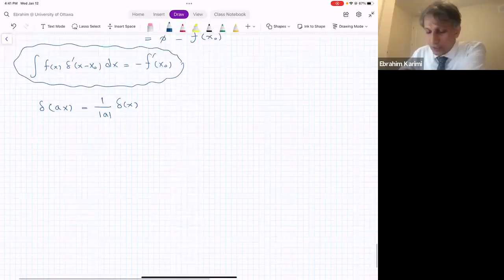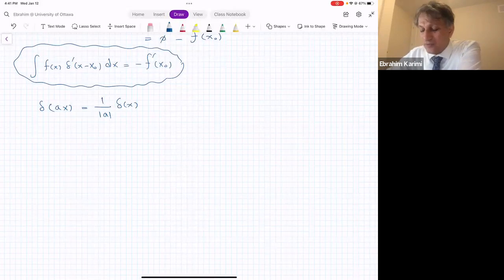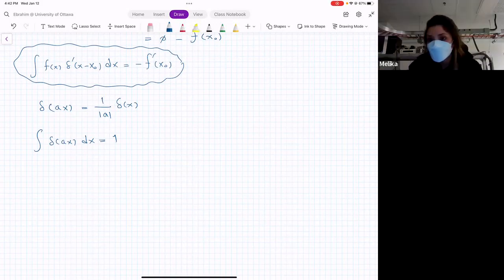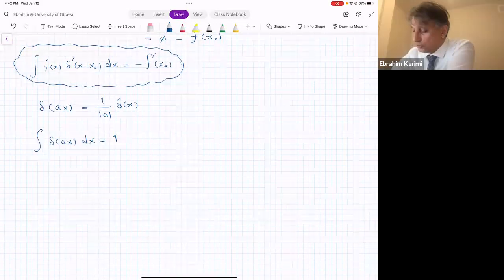So I don't know what the delta of AX is, but what I know is that the integral of delta of AX dx is equal to 1. Do you agree? Okay, beautiful. If that is equal to 1, let's do some mathematics together.